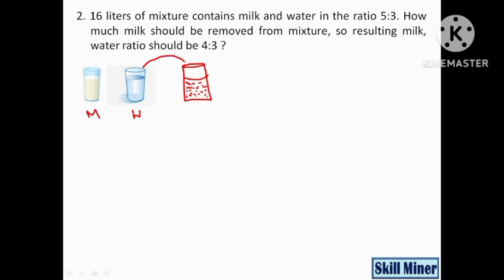Consider you are pouring this water and this milk into this vessel. So the total quantity will be 16 liters. In the 16 liters, the ratio of milk and water is 5 is to 3.